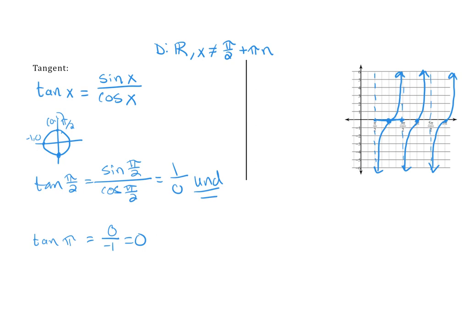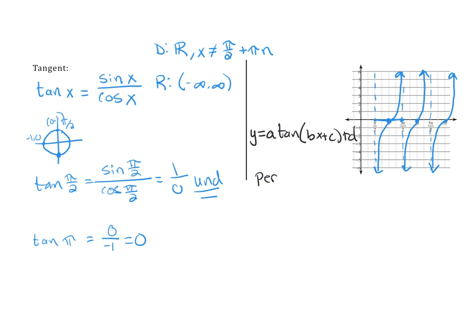And then the range of the tangent function is all real numbers. And now a couple other things to note. We're not going to do specific examples in this video, but just like sine and cosine, you can translate, reflect, and have phase shifts of the tangent function.